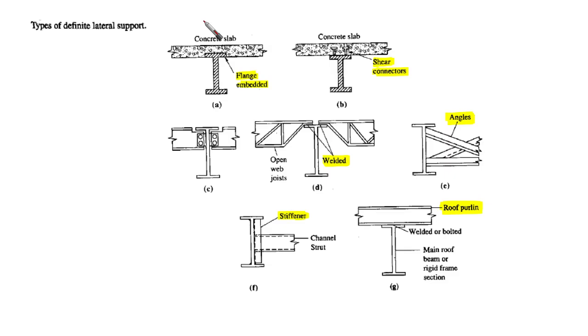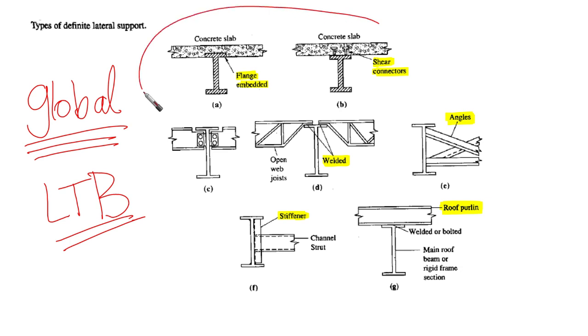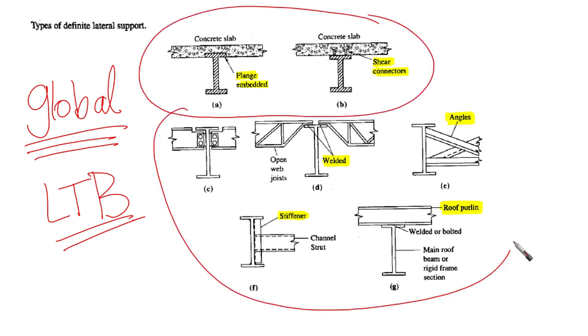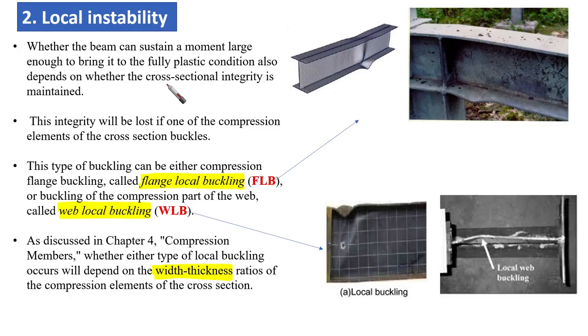If we have global issues, global instability, which is lateral torsional buckling, then we can use bracing, whether stability bracing or torsional bracing, by controlling the compression flange. But if we have local instabilities, whether in the flange, which we call flange local buckling, or in the web, which we call web local buckling, what should we do?